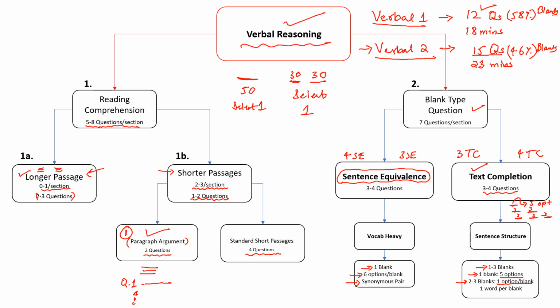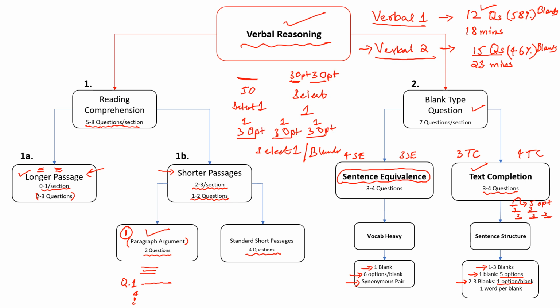If you have a triple blank, you will have 3 options per blank again, and you will have to select one per blank. That is to say, one here, one here, one here.